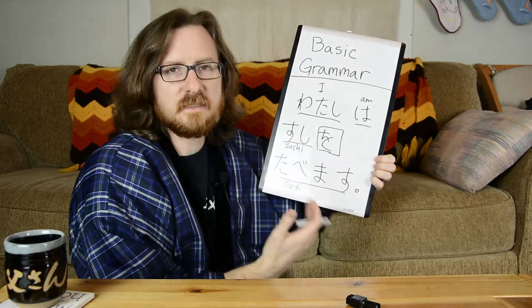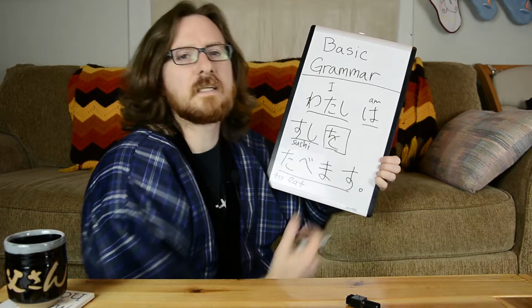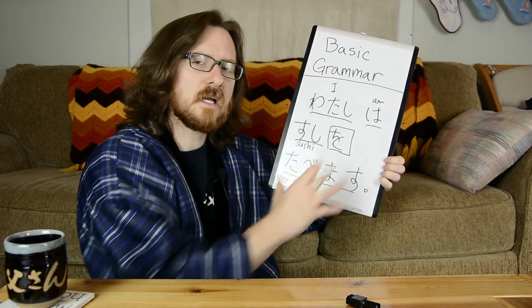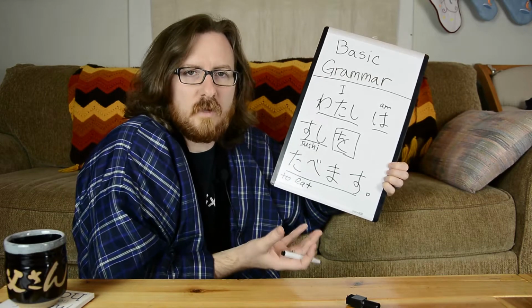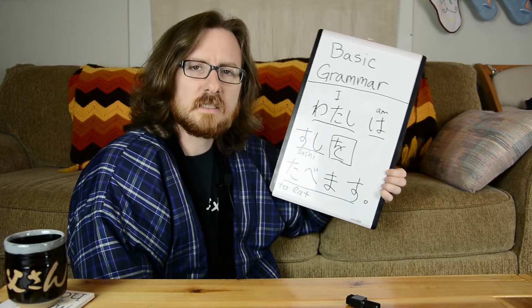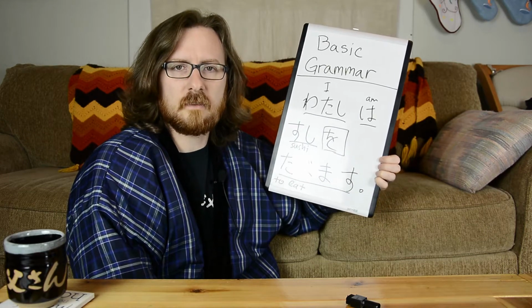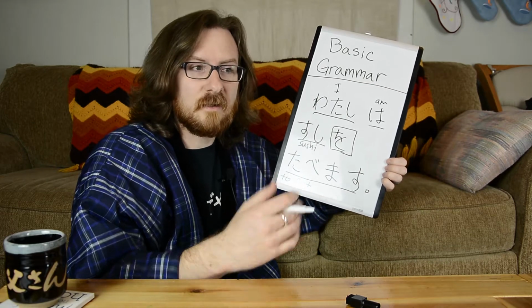So if I were to say this in English, I eat sushi, or I am going to eat sushi. Again, you can kind of tell from the context what the speaker is talking about. If I just say I eat sushi, it's kind of a weird declarative statement. I don't know who would say that. What are you going to eat for dinner?